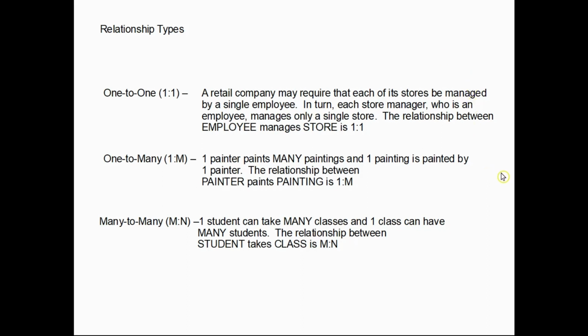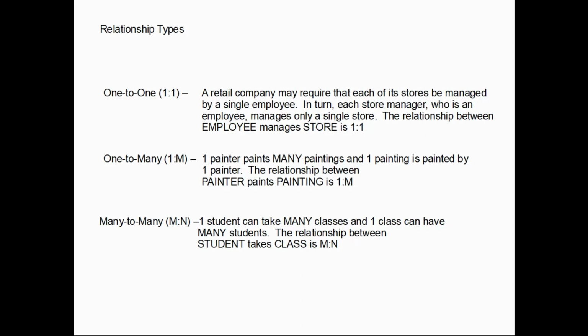A one-to-many, an example of this: a painter can paint many paintings, but each painting is painted by a single painter. So the relationship between a painter paints the painting is one-to-many. A many-to-many relationship: a student can take many classes, and each class can have many students in it. So the relationship between a table called student and a table called class is a many-to-many.